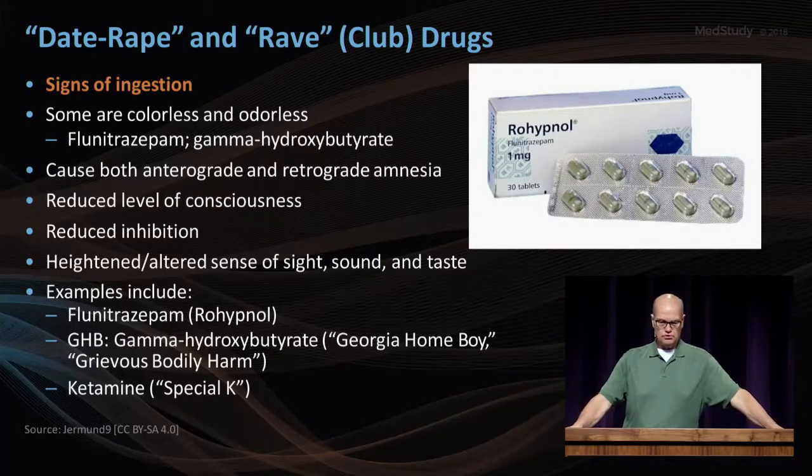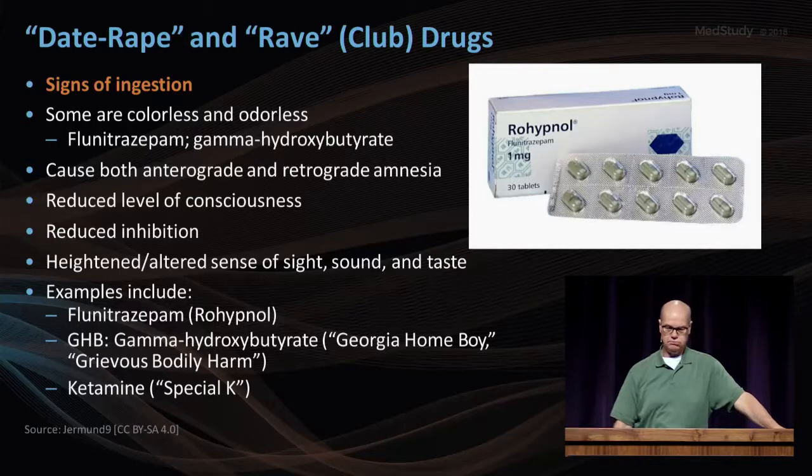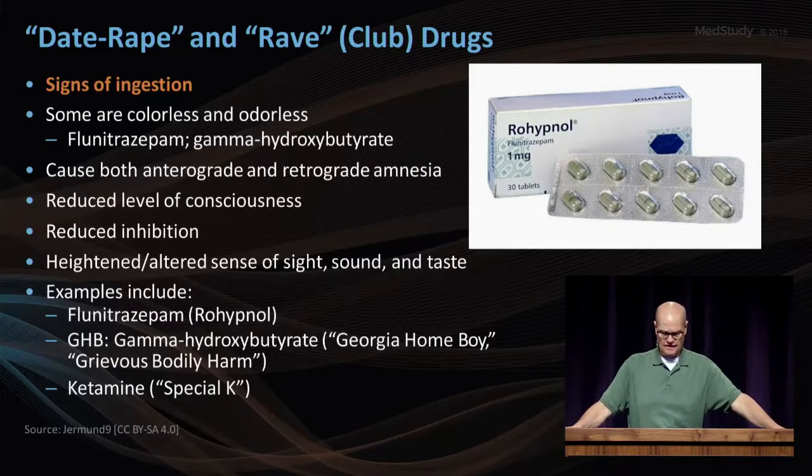The rave club drugs, or the quote-unquote date rape drugs, because they are colorless, because they are odorless, they can be administered to individuals unbeknownst to them through drinks. They reduce inhibition and, importantly for your boards, unfortunately produce both anterograde and retrograde amnesia, and that's an important buzzword for your boards, that there's just no recall of the specific event.